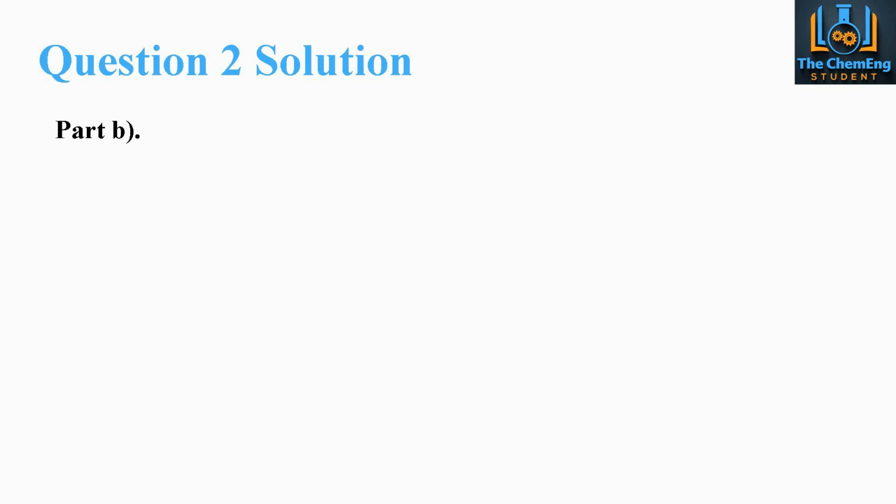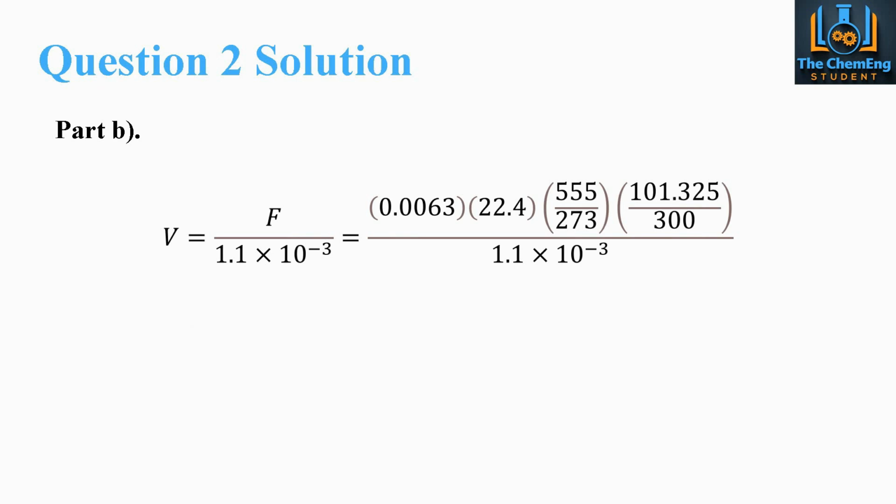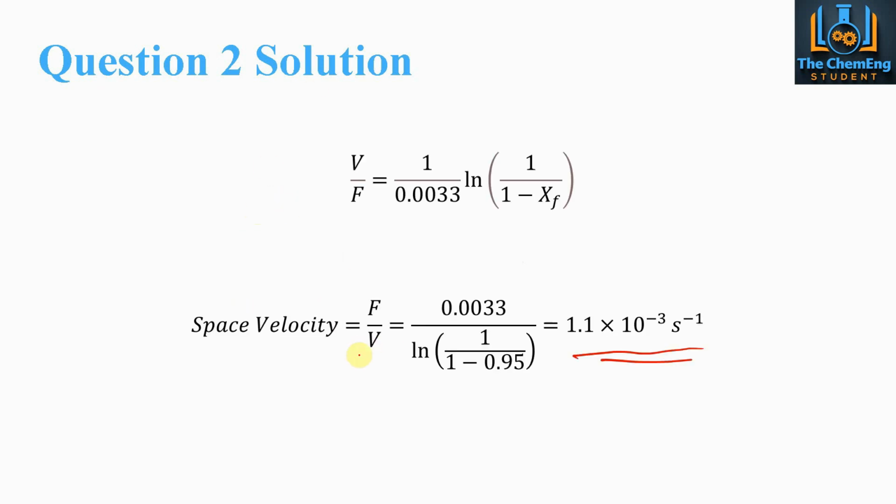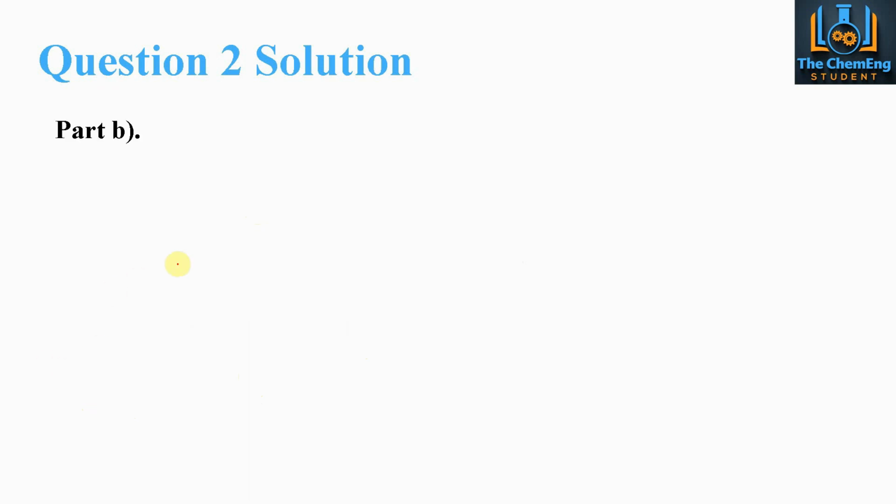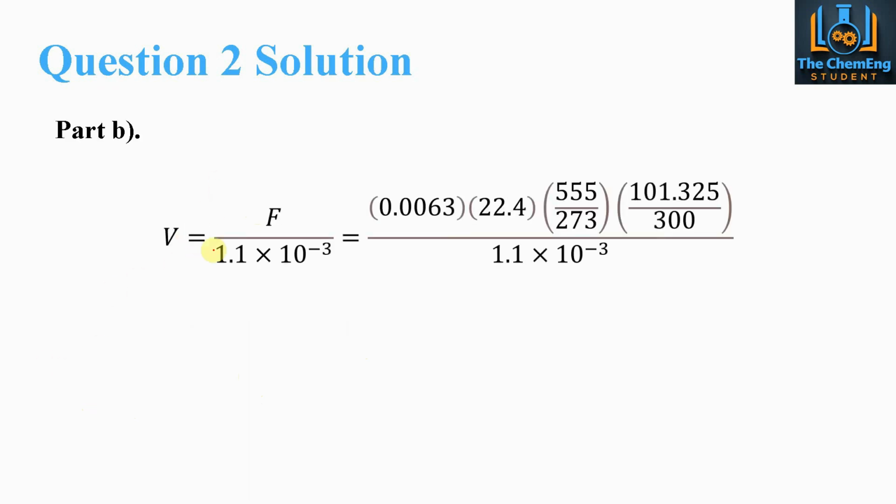And then finally part B. From here, we know that F over V is equal to 1.1 times 10 to the minus 3. So we can work out our volume from here. We just rearrange that and substitute in all our values, because F is going to be a function of the operating conditions.